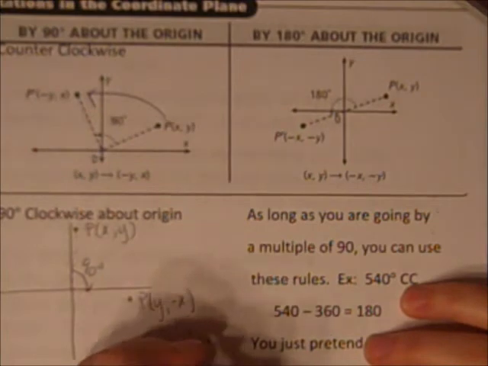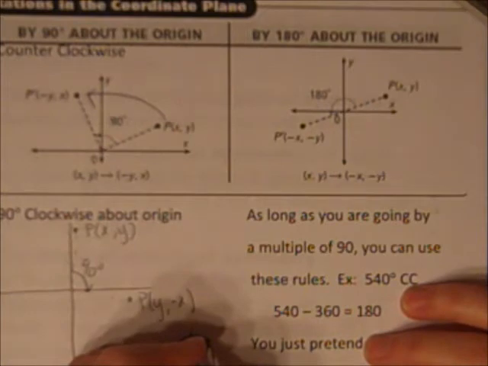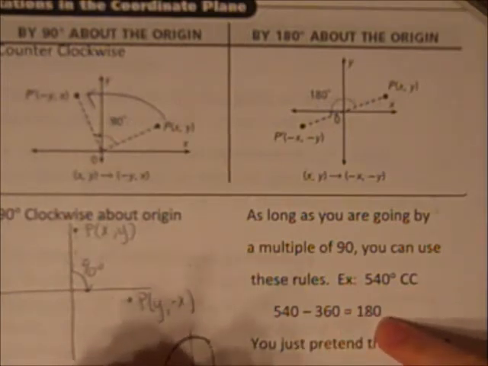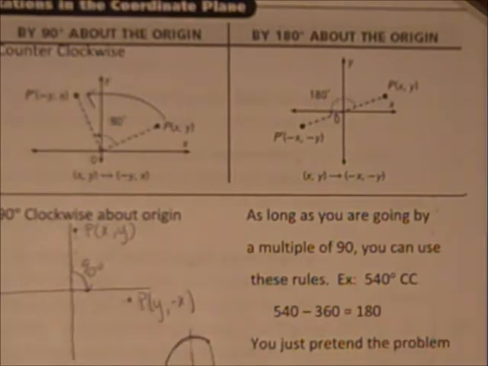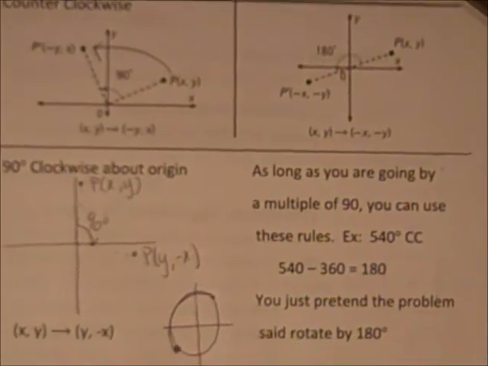Like for instance, if I took this point and went 360 degrees, I'd be right back where I was, so nothing happened. Take out the 360, I still have 180 degrees left. So I just pretend like I am doing the problem with 180. I don't have to worry about the extra 360 degrees. Okay, pause right here and practice these to see if you're ready to go.